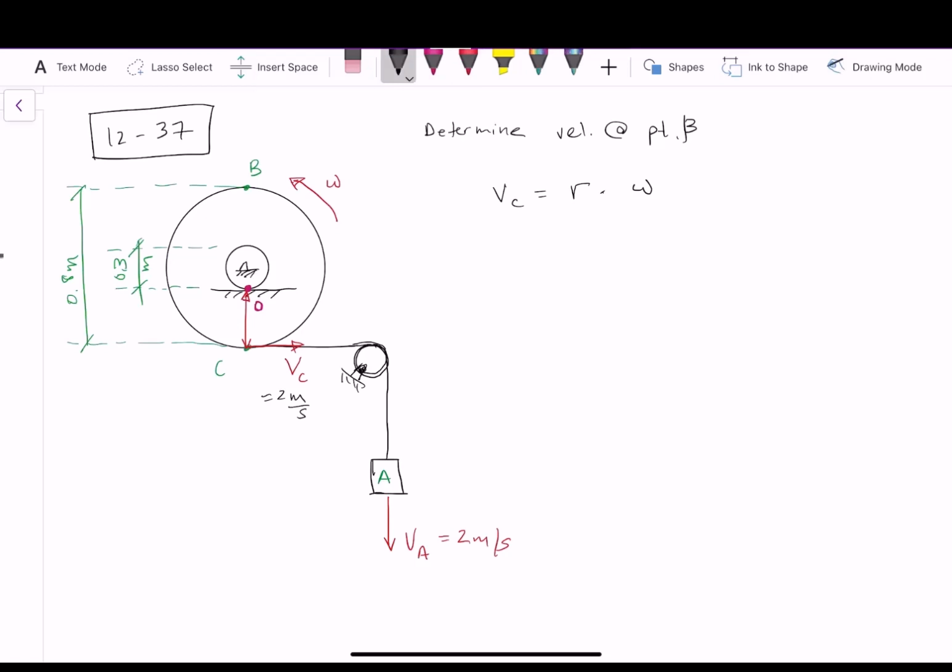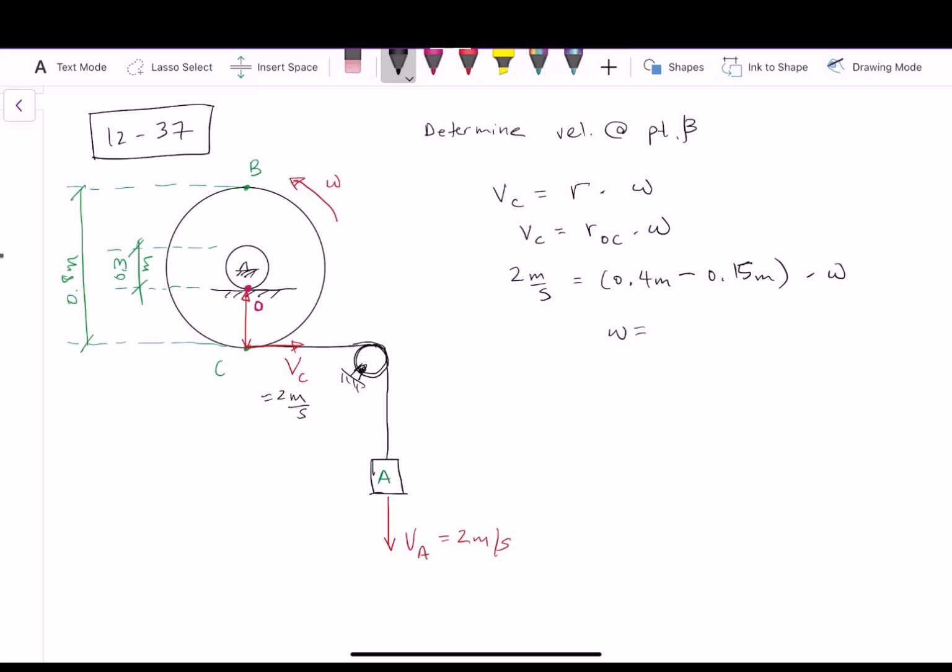So if we want to put in our subscripts, this is ROC times omega. We know that VC is 2 meters per second. ROC would be 0.4 meters minus half of 0.3 meters, which is 0.15 meters, times omega.